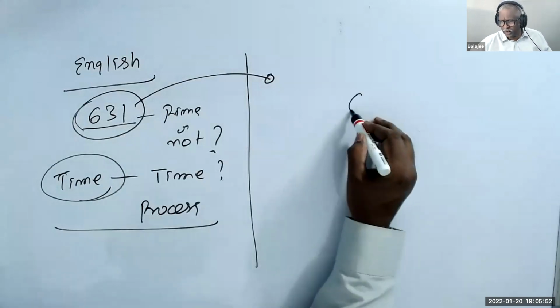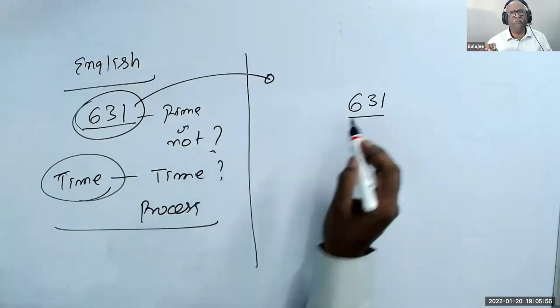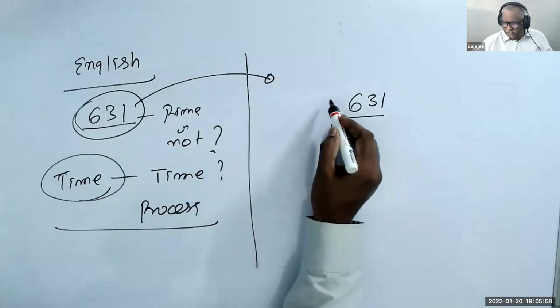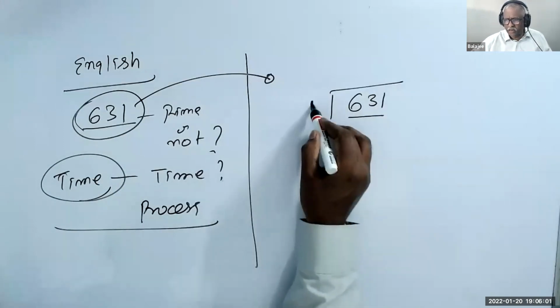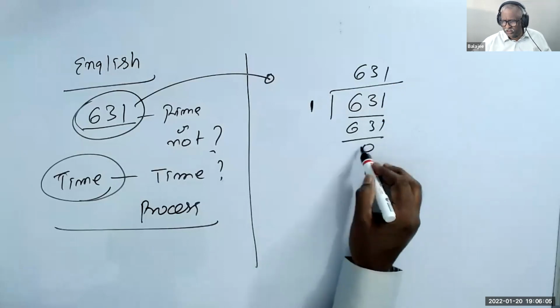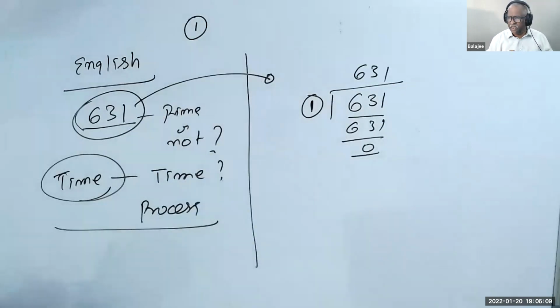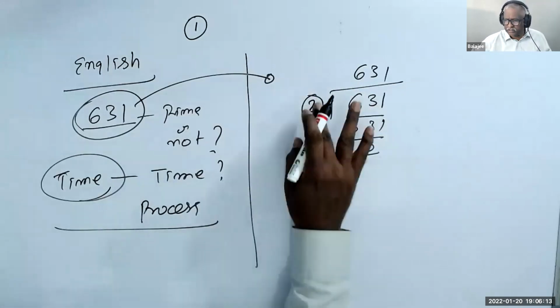You will take 631 and first divide by 1. 631 divided by 1 is 631, remainder 0. So divide by 1, fine. 1 is a factor. Then you will start dividing by 2. Then you will divide by 3.